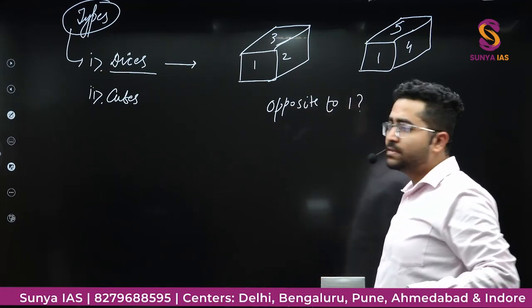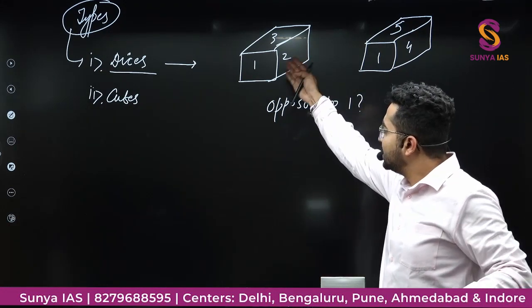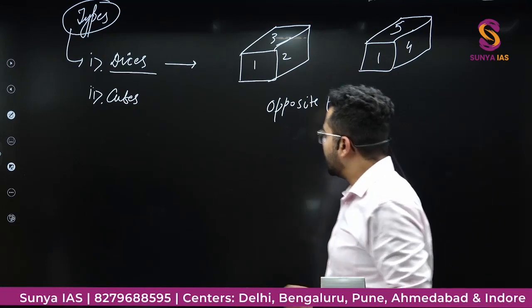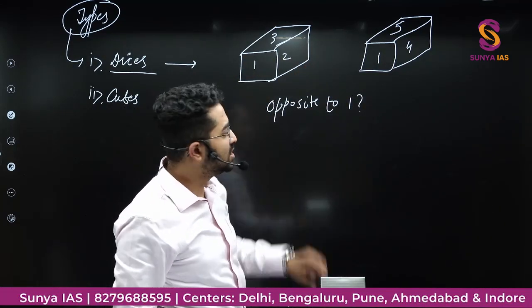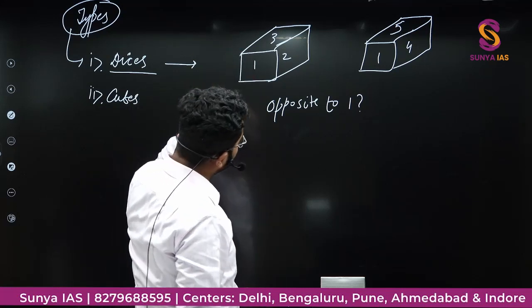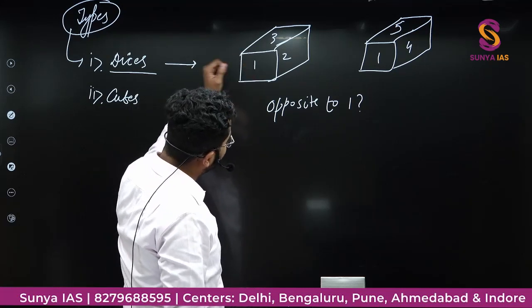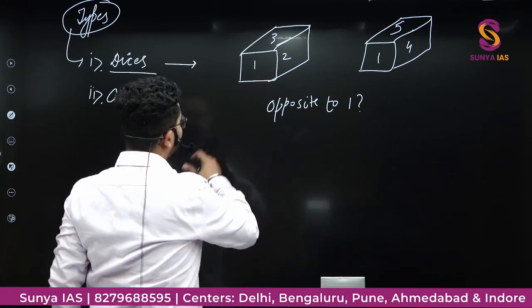They can ask this, which number is opposite to 1, and they might give you some 2-3 positions of a cube, or they might give you some condition. Then you can see here, how will you approach this question? So this is one kind of question.